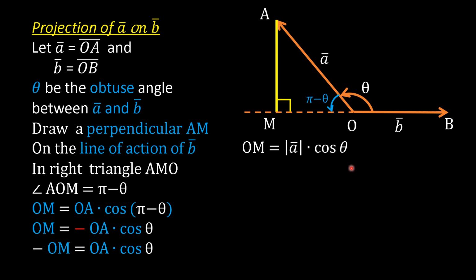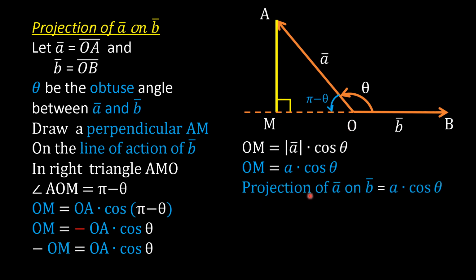OA will be the magnitude of A bar, which will be mod A bar. We will write mod A bar as simply A, so OM will be A cos theta. Now we have seen OM is nothing but the projection of A bar on B bar, which will be A cos theta.